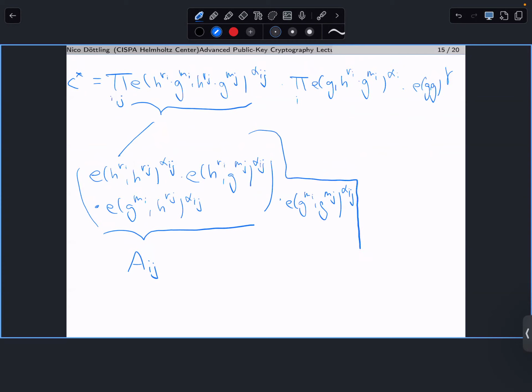Okay, this thing will now be capital Aij, and here we can do something similar, but much easier. This thing here, if we multiply that out, is just E(g, H to the Ri) times E(g, G to the Mi) to the alpha i.